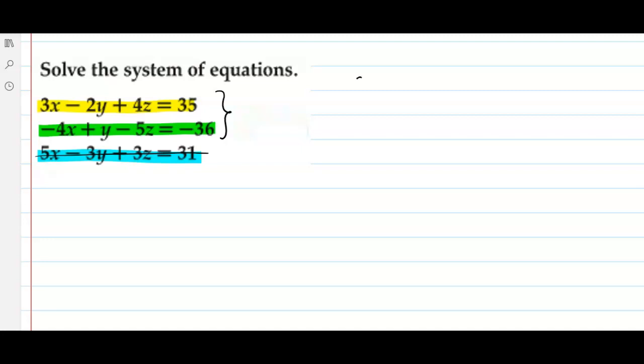I'm going to pull off my yellow equation and my green equation off to the side. On this equation, I could easily eliminate the y variables if only this was a 2.